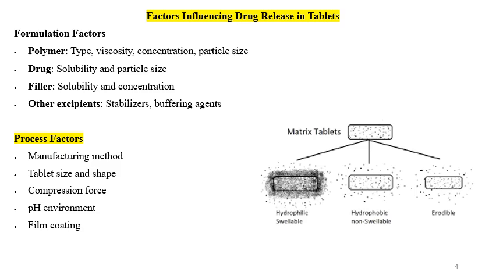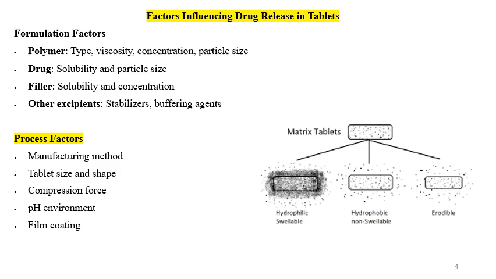Coming to the factors influencing drug release in the tablets. Polymer, drug, filler and other excipients are the factors affecting the drug release. Polymer type, viscosity, concentration and particle size are the main factors. Other factors of polymers are like molecular weight.